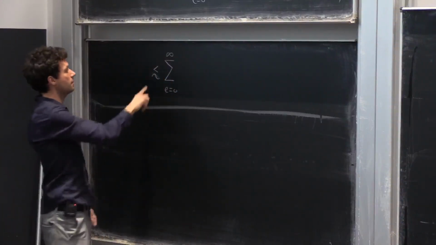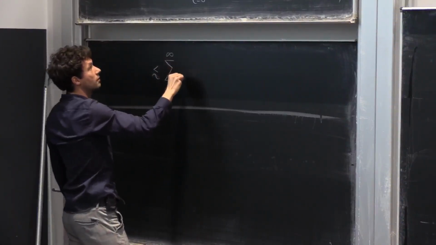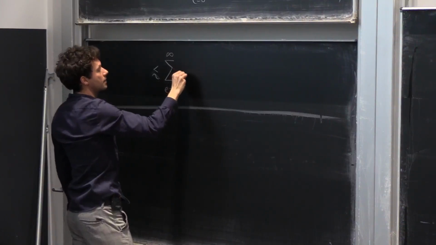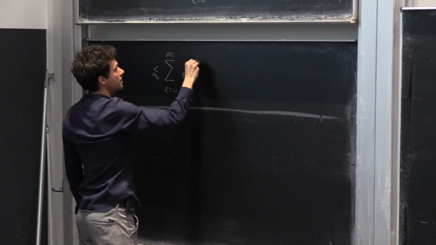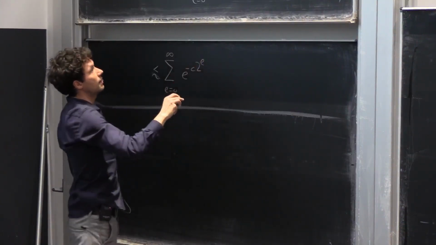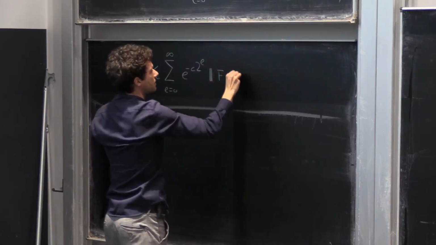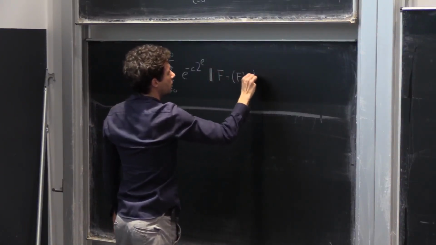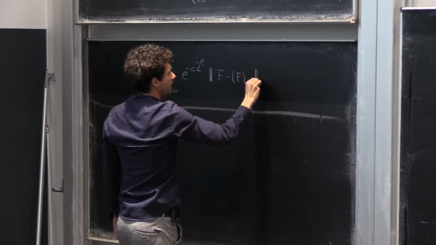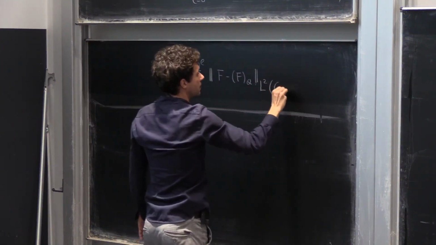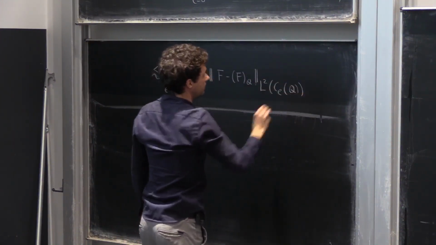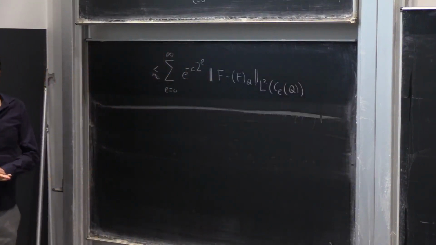The constant C in front I just ditch in the notation, and then it's going to give me e to the minus c times 2 to the l times the norm of f minus its average on the annulus in L2 norm. Right? Off-diagonal estimates.